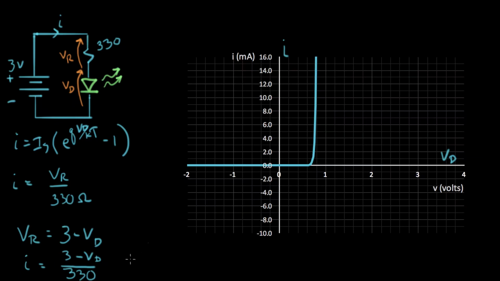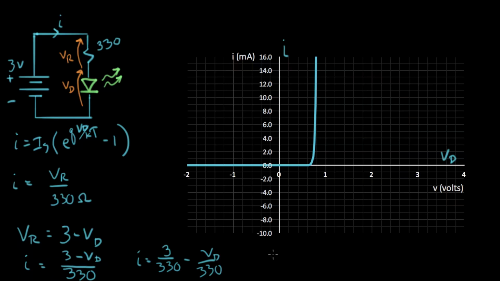And let's work on this a little more. I equals 3 over 330 minus VD over 330. And this is starting to look like the equation of a line.